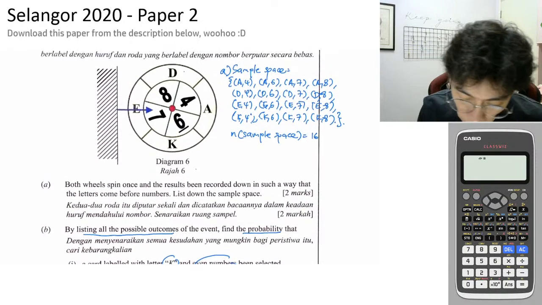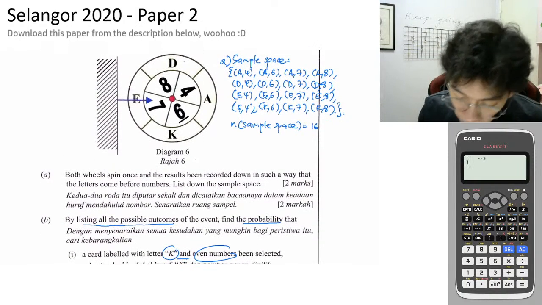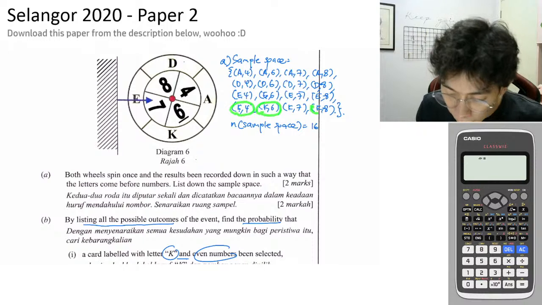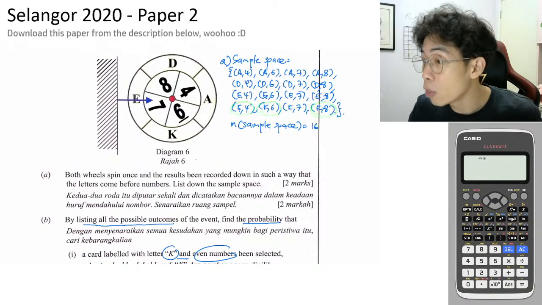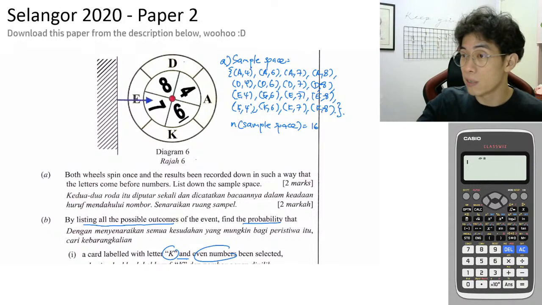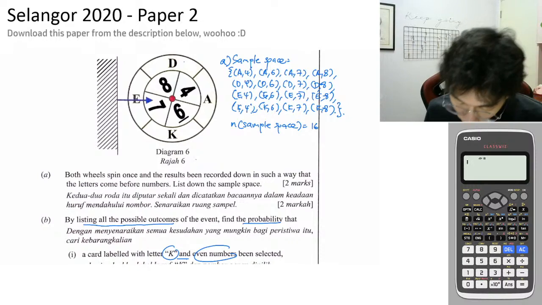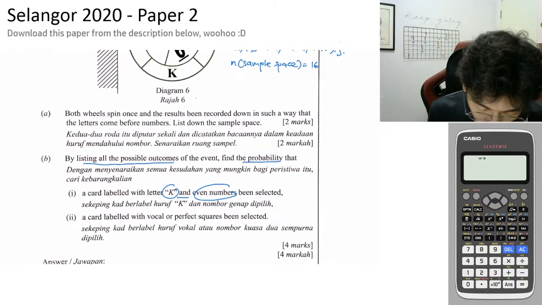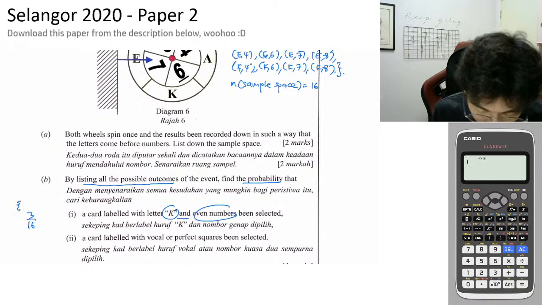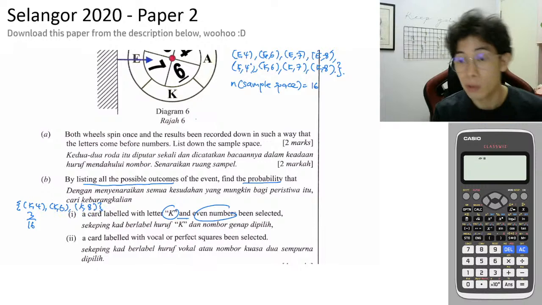It means you will be selecting K4, K6, and K8. So is that 3 over 16? Yes, the answer is correct. So your answer will be 3 over 16, and don't forget, you must open bracket K4, K6, K8, close.